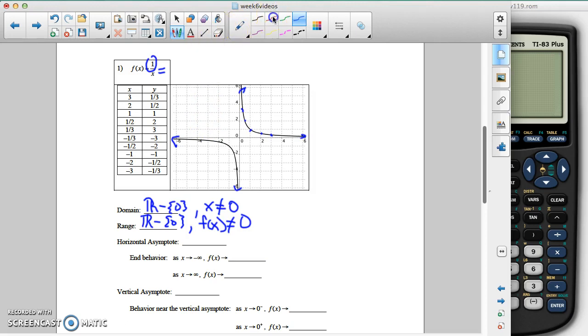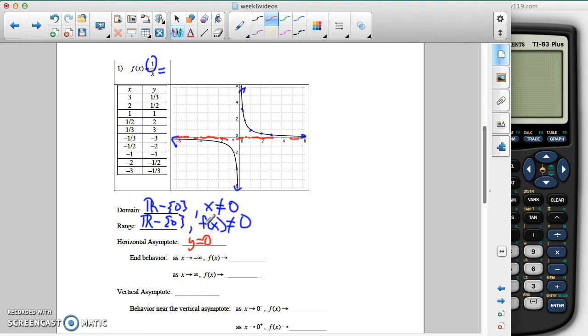Now our horizontal asymptote is the line that runs horizontally, which the graph approaches. In this case, the horizontal asymptote is y equals 0. Now, end behavior says, as we approach infinity or negative infinity, where does the function go?